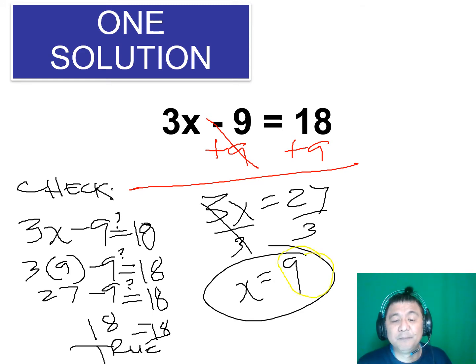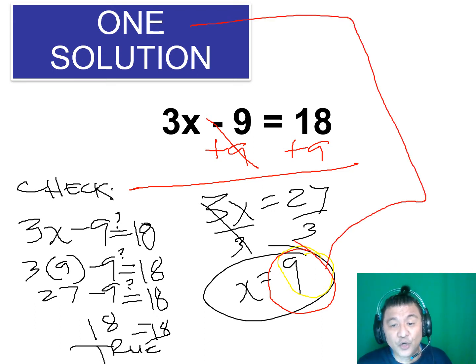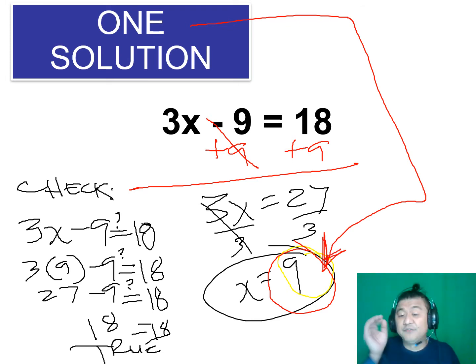Only 9 will make the statement true. So that's why it's called one solution. One solution, only 9. If I plug in 10, it won't work. If I substitute 7, it won't work. If I substitute 8.9999, it won't work. Only 9, one solution.